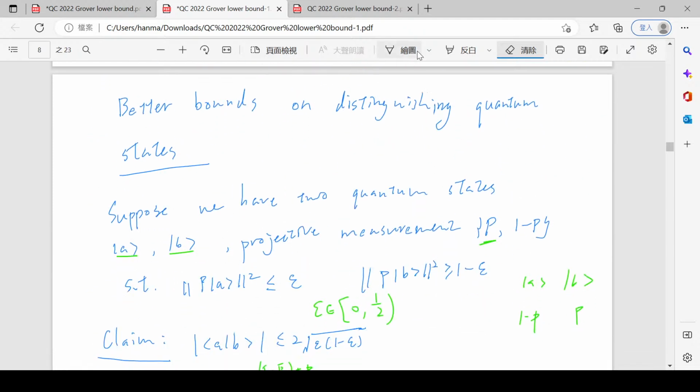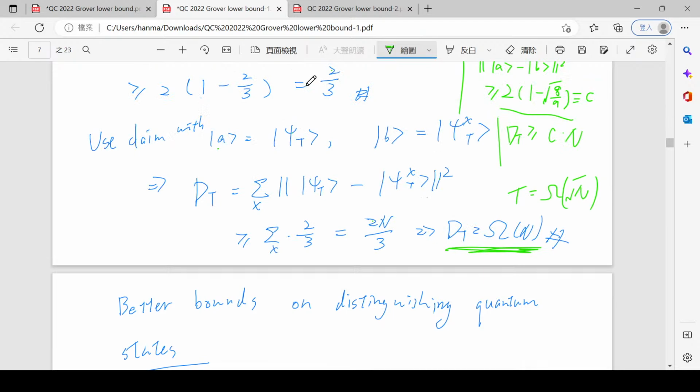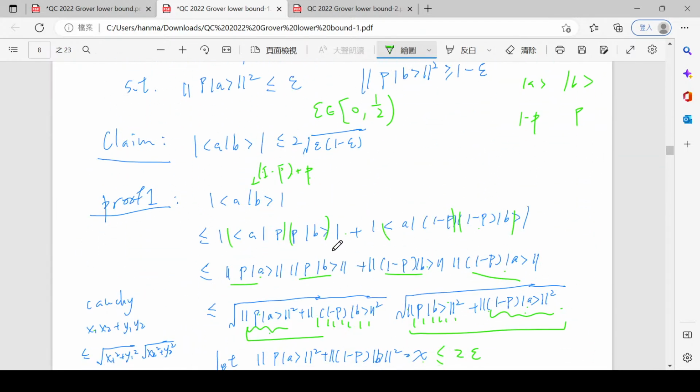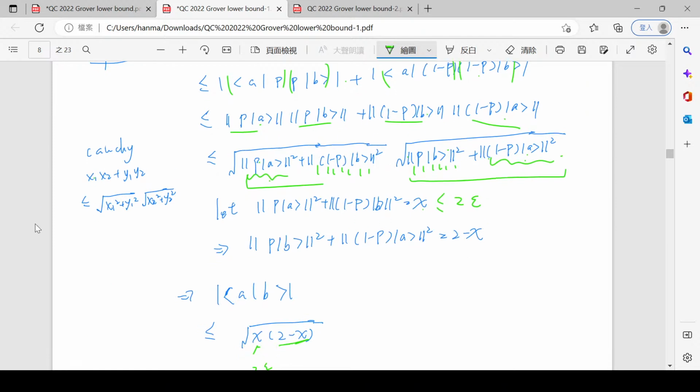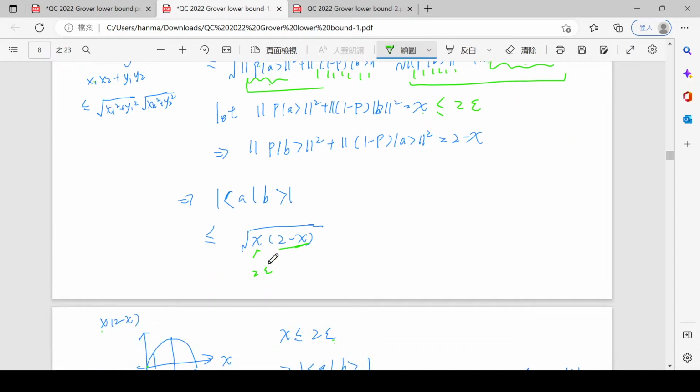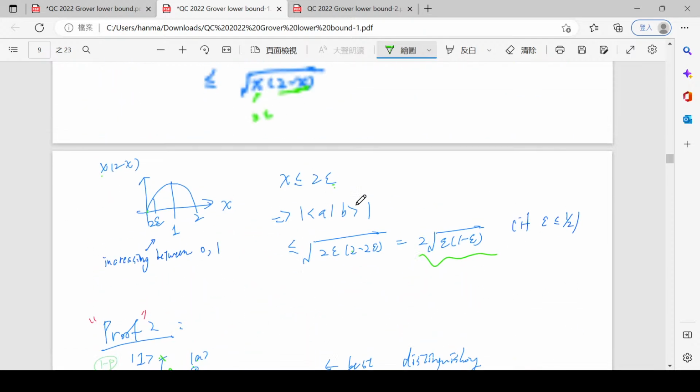The first one is just doing this algebraic bound better. You insert the identity equal to p plus 1 minus p, and you also notice that p and 1 minus p are both projectors, so they are equal to their squares. Then you group these things, use lots of Cauchy-Schwarz carefully, and finally you find this is true.